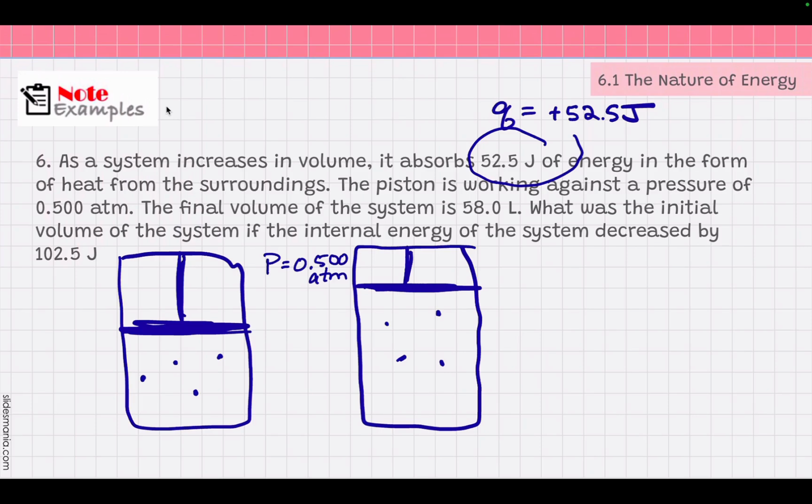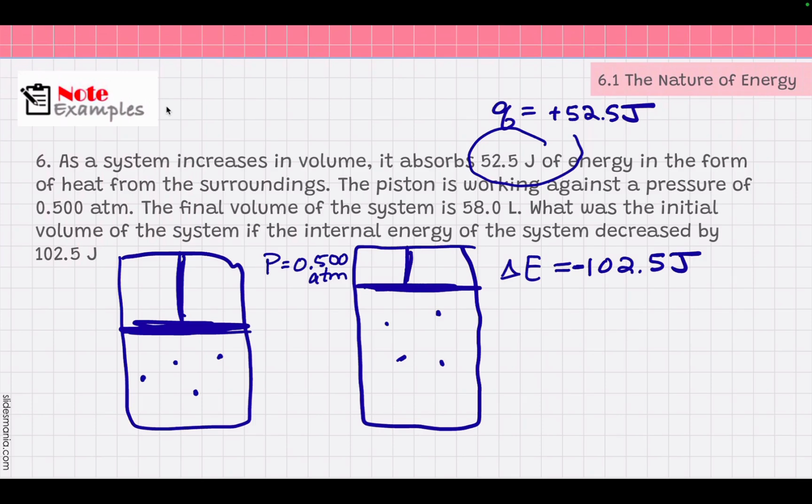And what else are they telling us? They're telling us that the internal energy of the system was decreased by 102.5. So delta E is going to equal 102.5 joules, and that would be positive. So, oh wait, one second. What was the... Oh, sorry, it's negative because it's decreased.